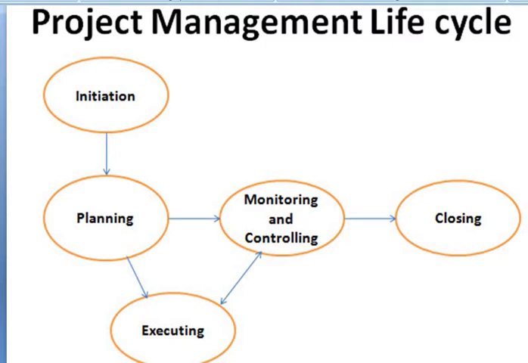Whenever the project passes through different life cycle activities, they are shown as initiation of the project, planning of the project, monitoring and controlling of the project, execution of the project, and closing of the project. In this diagram, the whole project management life cycle is shown, which constitutes different basic activities from initiation to closing.